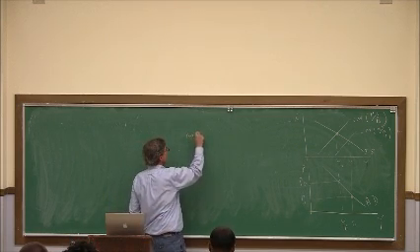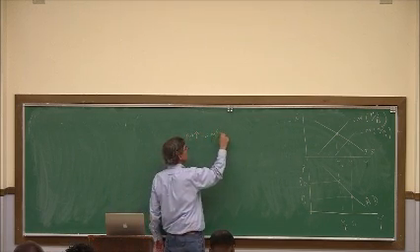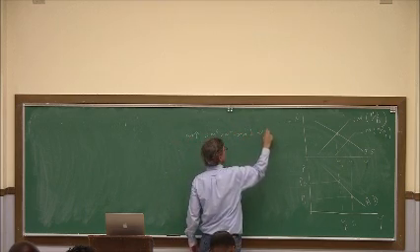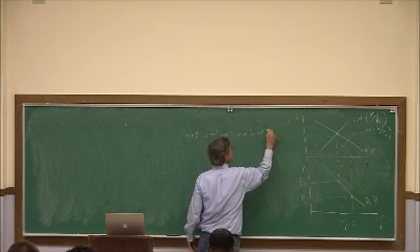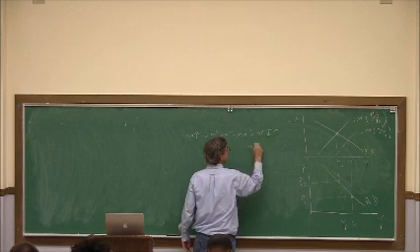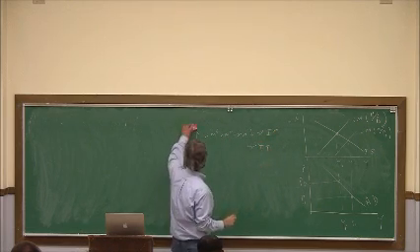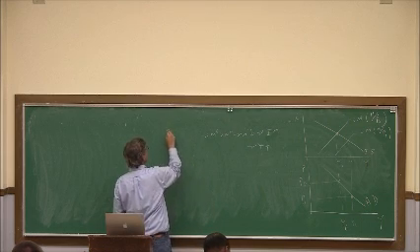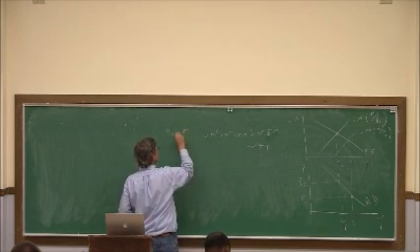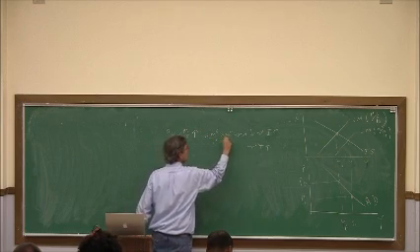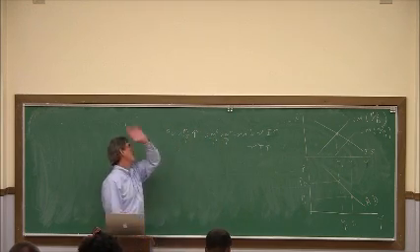When M goes up, money supply is greater than money demand, interest rate falls, investment goes up, output goes up. Sorry, when P goes down, M over P goes up, so money supply is greater than money demand.